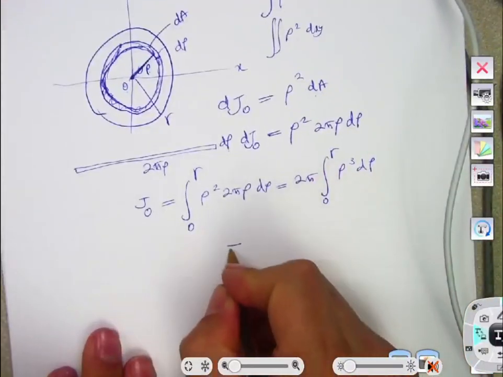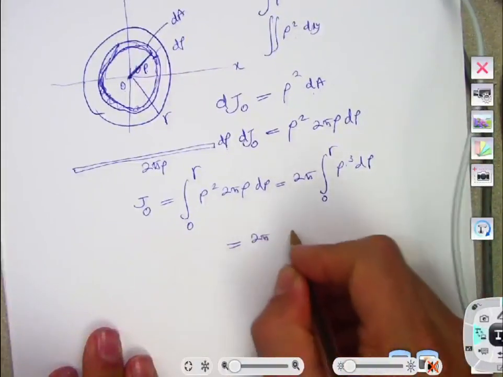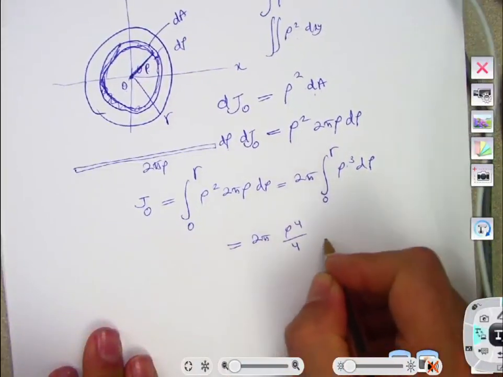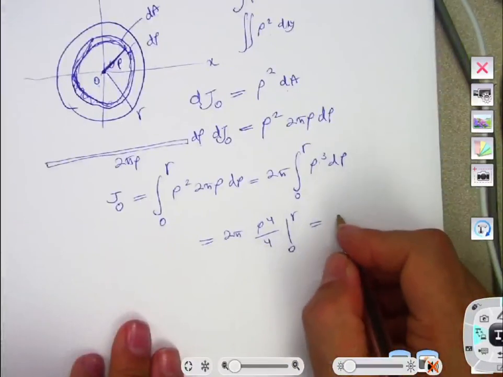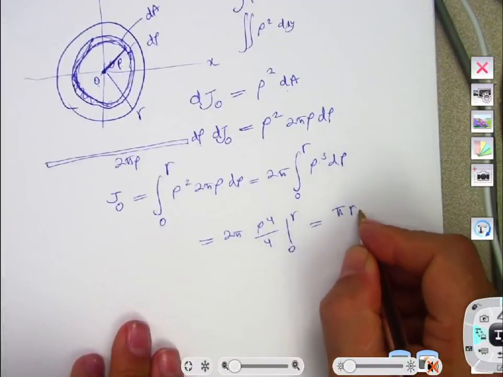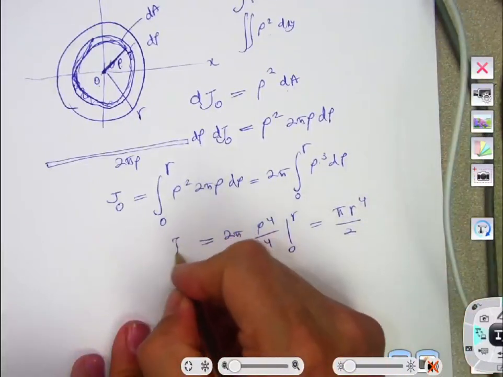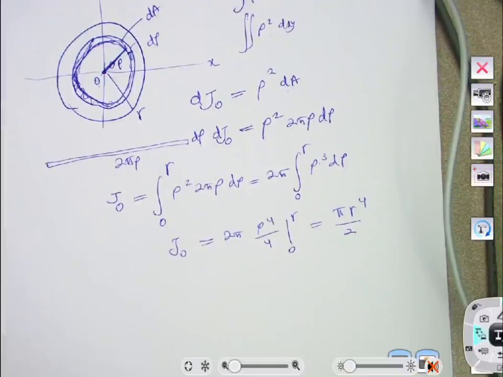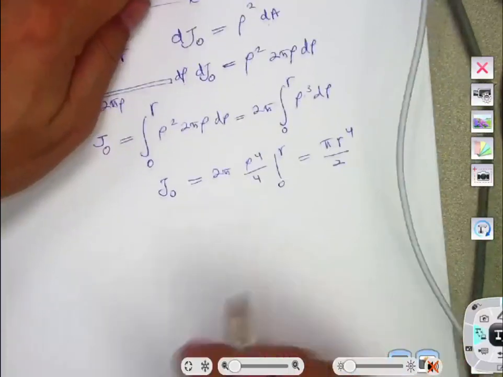And what is this? Rho to the 4th divided by 4, going from 0 to R, and I get pi R to the 4th divided by 2 as your polar moment of inertia about point O.